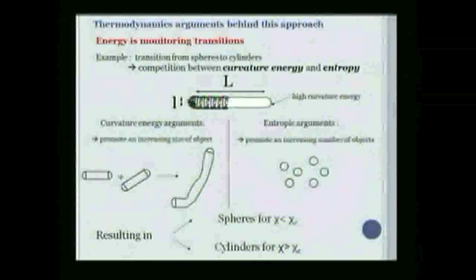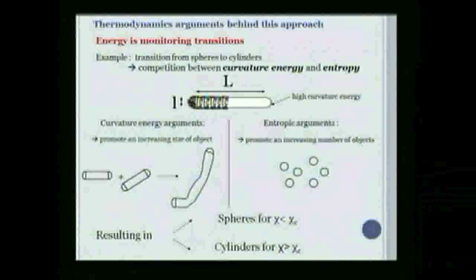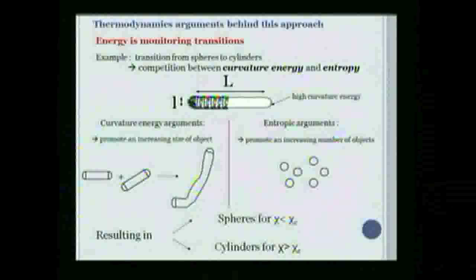This is not what we see in the phase diagram. We don't have phases made with one unique infinite cylinder. So this is because you have a balance, of course, and the balance is the entropic arguments. The entropic arguments promote an increasing number of objects.